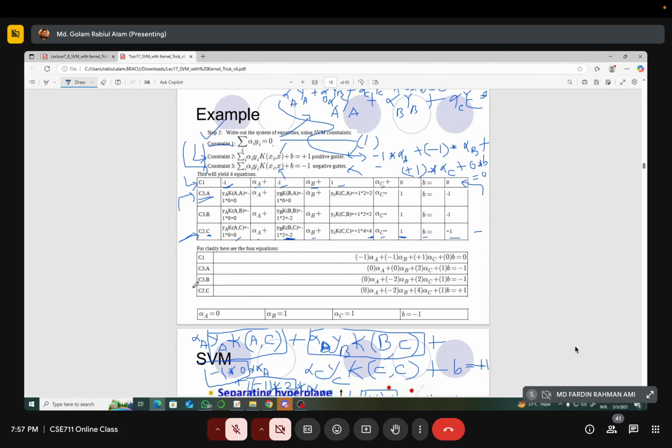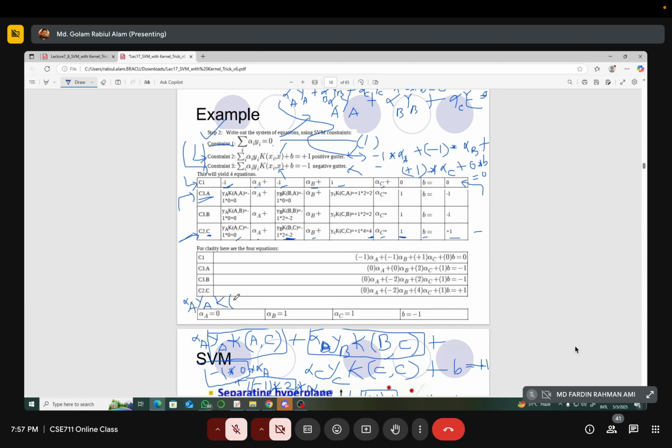It means we will get alpha, initially we can consider A, and then yi, that is ya, and then k of xi and x.